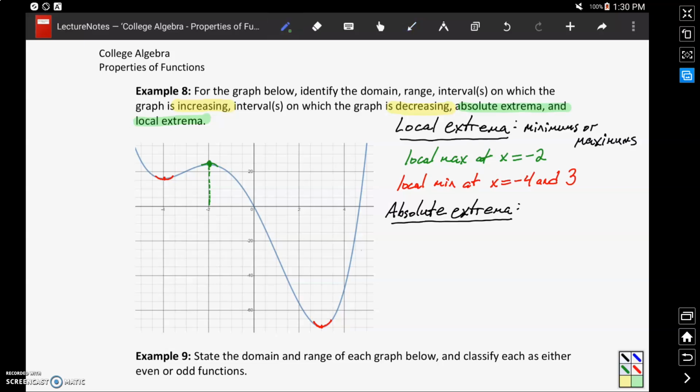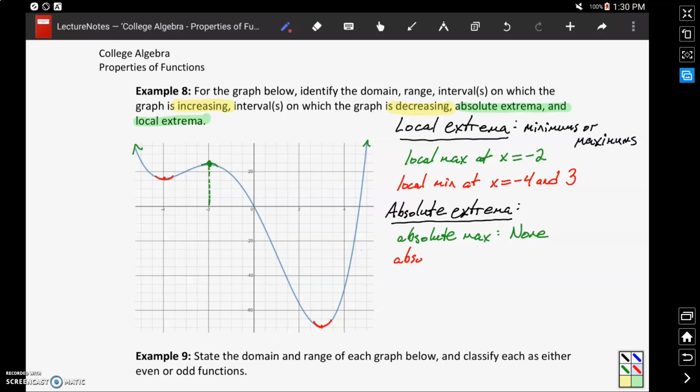We could start off with the idea of an absolute maximum. But in this case, our graph won't have one, because we can see that our graph continues increasing on both ends. So if our function value continues to increase to infinity, there's no maximum value that we can achieve. We can always find some larger value.